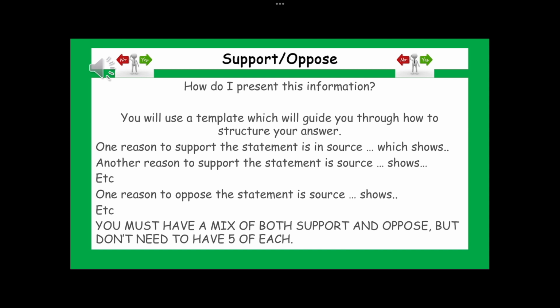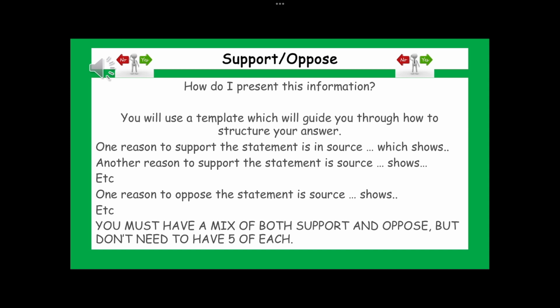Make sure you read the graph or the chart or whatever it is that you're going to be using. So you're going to do this, like we said, 10 times, and that's where your 10 marks are going to be from. Now, I've just used two examples of how I'd answer the support of the statement. However, like I said, you're going to need to, at some point, support and oppose in your answer. But it's not a big change when you're doing the opposite of what you've done the last time. So in our case, that would be oppose just now.